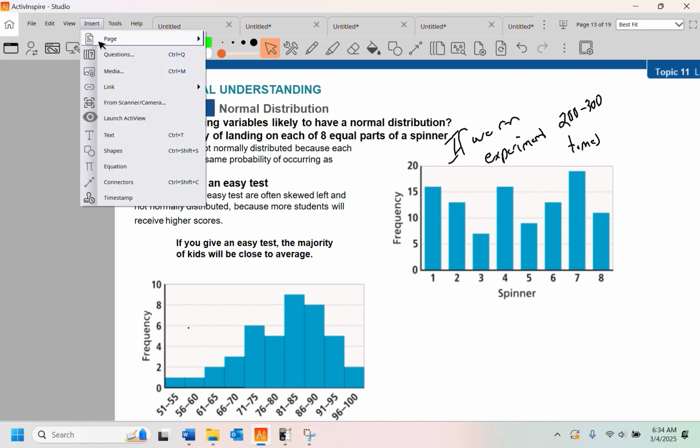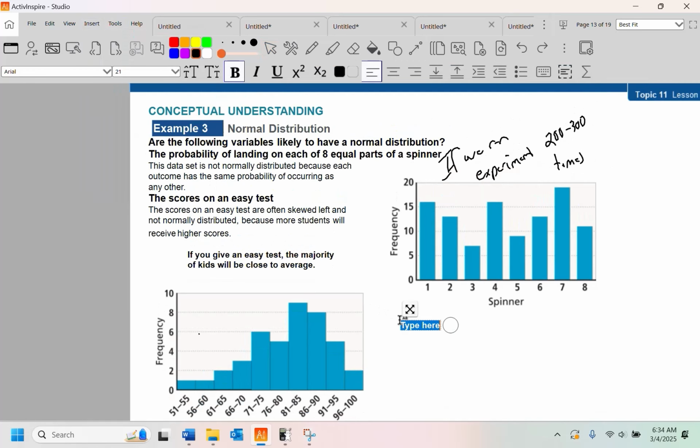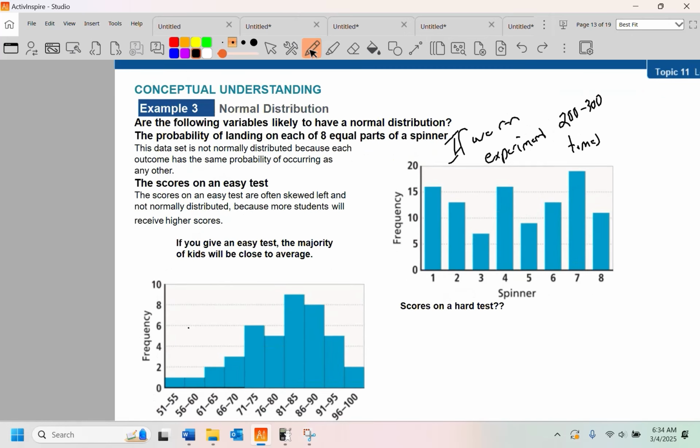Now, let me ask you another question. What do you think the distribution of scores on a hard test looks like? If you give a hard test, the majority of your kids are going to be over here, close to the 0, as opposed to 100. If we did a frequency count, if I talk about last year's group, there would have been a whole bunch from like 0 to 10.